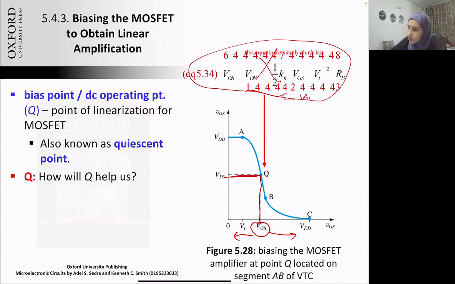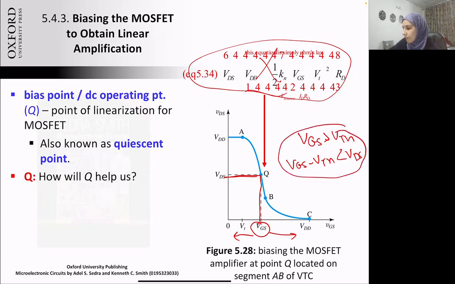And we look for a value of the VGS that is going to achieve that VGS is greater than V threshold, and VGS minus V threshold should be less than VDS. We need to identify those two conditions so that our transistor is operating in the saturation region.